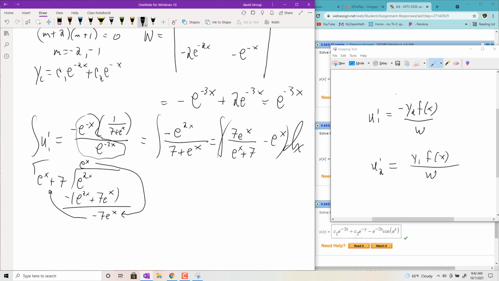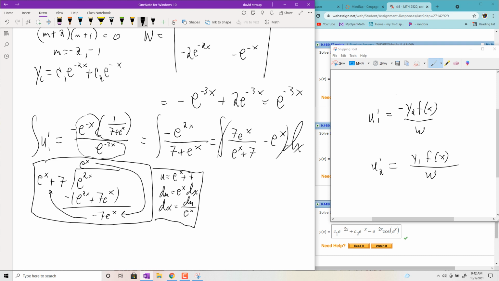The first integral then, you could do a u sub on the denominator, so u equals e to the x plus 7, and then du will just be e to the x dx, and then dx will be du over e to the x. Okay. So this integral becomes the integral of 7 e to the x over u times du over e to the x, and then minus the integral of e to the x, which will just be e to the x.